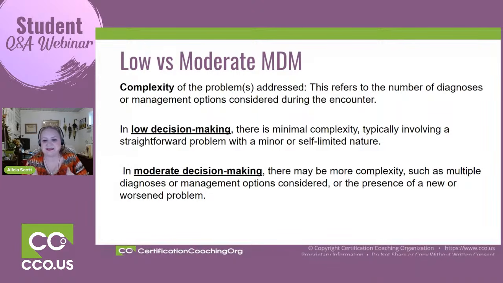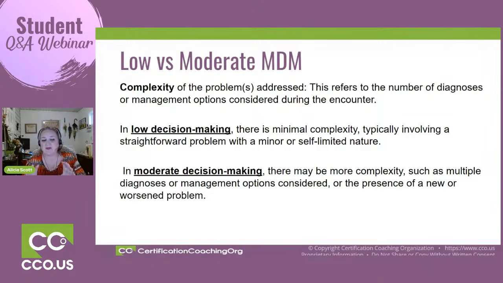Good. I'm glad this breakdown is helping you. This is the way my brain thinks, and I like to give examples like that because I think it brings it home: now I understand. Low, everything's going fine. Even if it's a new diagnosis, it's easily taken care of, and the provider doesn't have to do much regarding that.